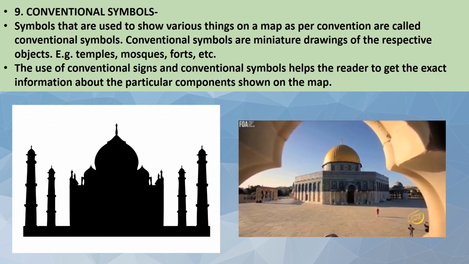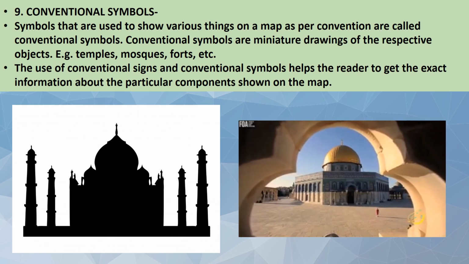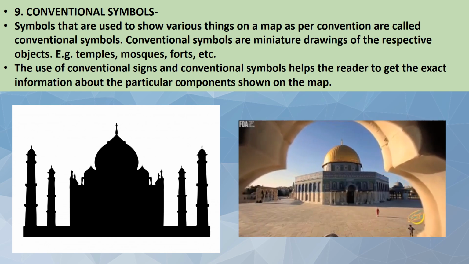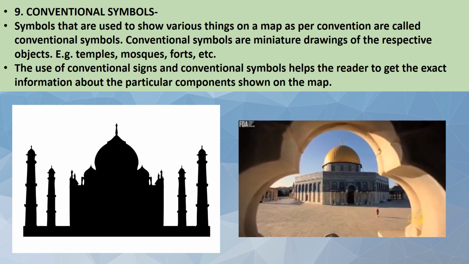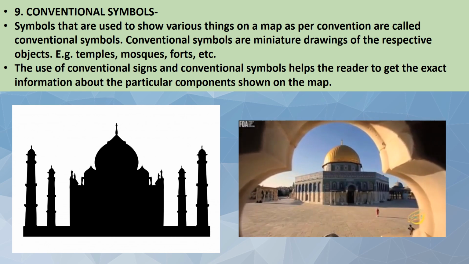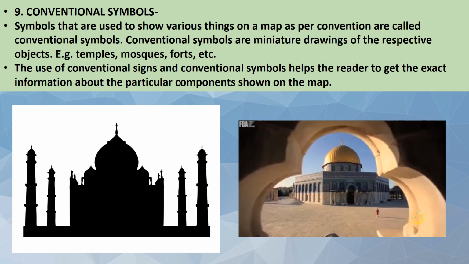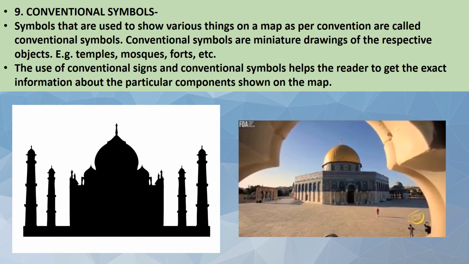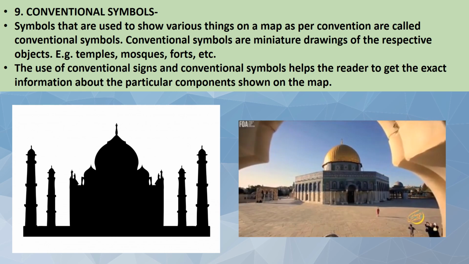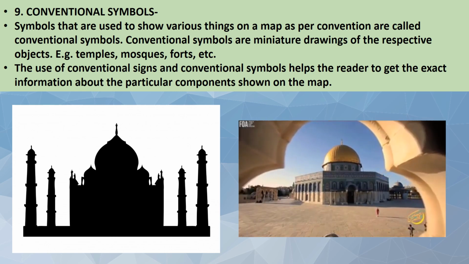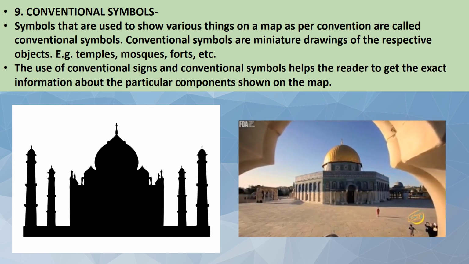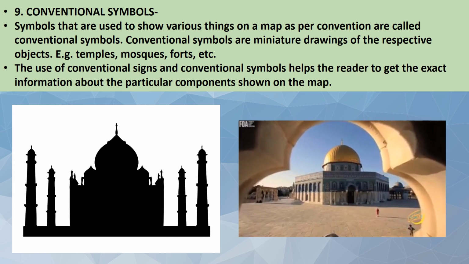The symbols used to show various things on a map as per convention are called conventional symbols. They are small drawings of the respective objects, for example, temples, mosques, forts, etc. The use of signs and symbols helps a geographer or a map reader to get the exact information about the particular components shown on the map.